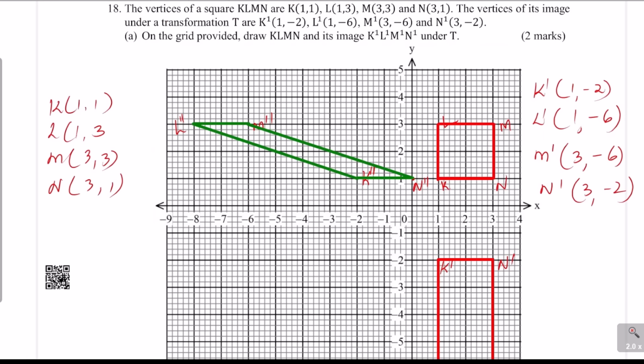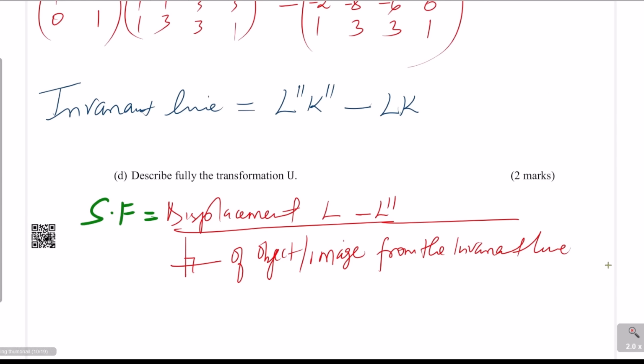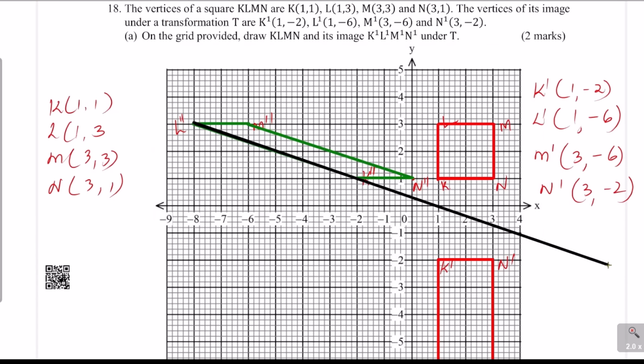Let me join L double prime to K double prime, and ensure that you extend it fully. Like that. That is the line L double prime, K double prime. Then the other line LK is here, and you extend it.